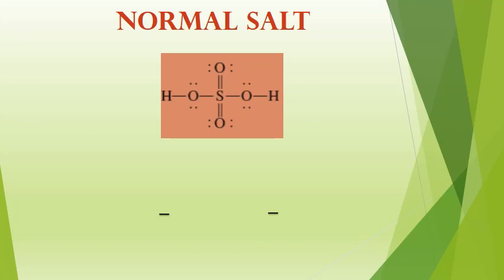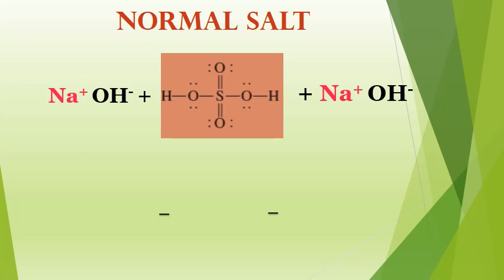These 2 hydrogen atoms, which you can see at the 2 corners, are replaceable hydrogen atoms in a sulfuric acid molecule. Now this sulfuric acid is reacting with 2 molecules of sodium hydroxide. So when it reacts, what happens?